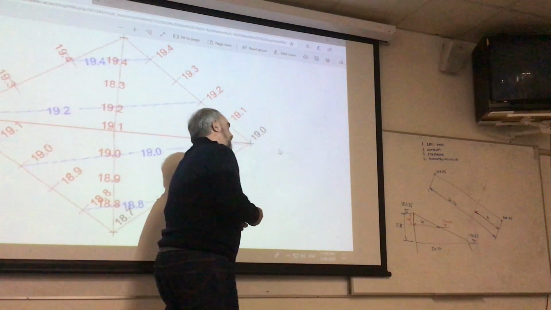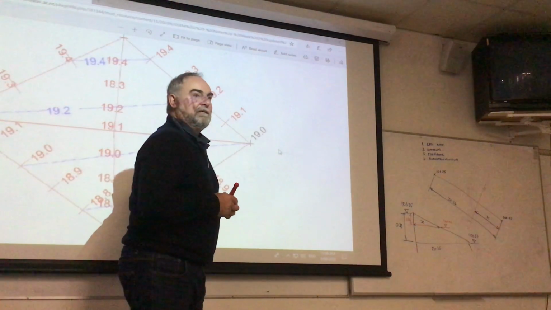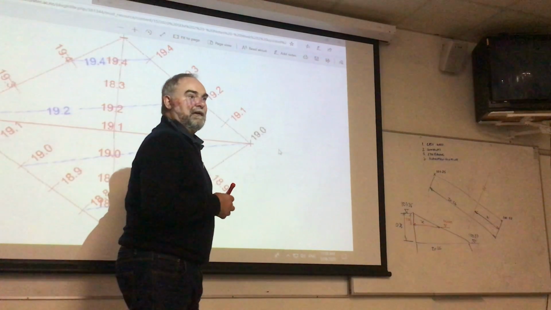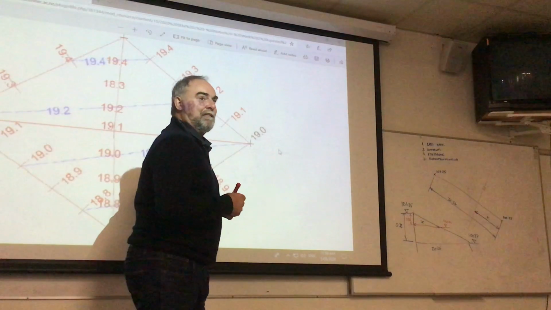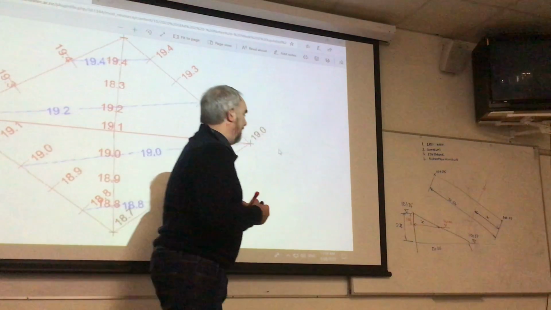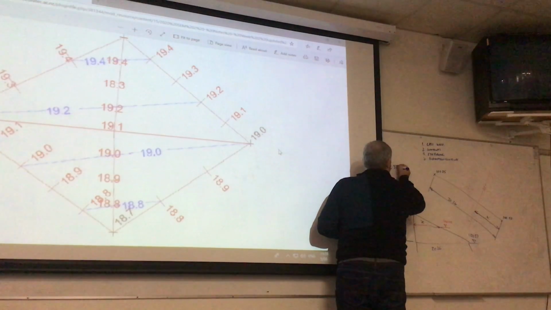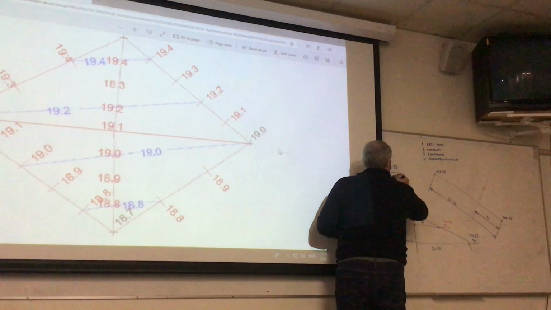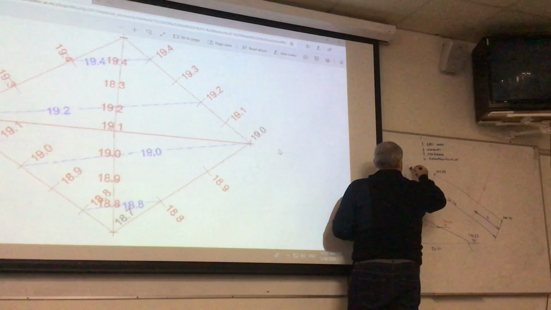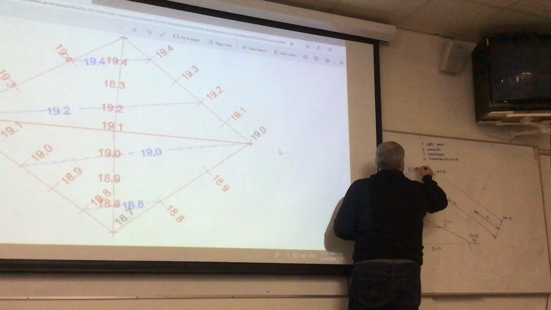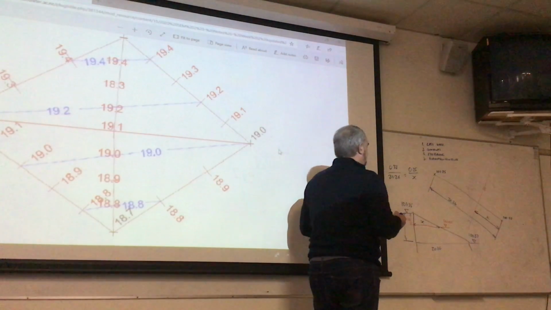So you've got two triangles that are the same with different heights. Can anyone give me the equation? So the height is 0.38 divided by 20.26 equals 0.25 divided by x. Correct.